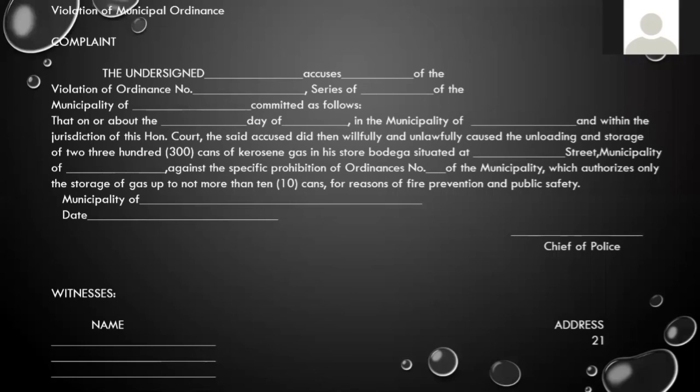Sa series of blank naman po, ilalagay niyo po yung number blatter, and then sa municipal, lalagay niyo po yung lugar, kunyari po, Santa Mesa Street, yung mga ganun po.